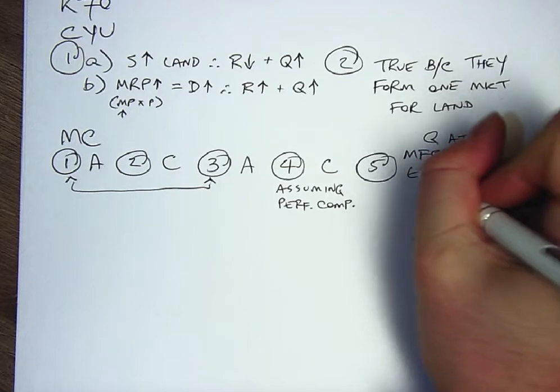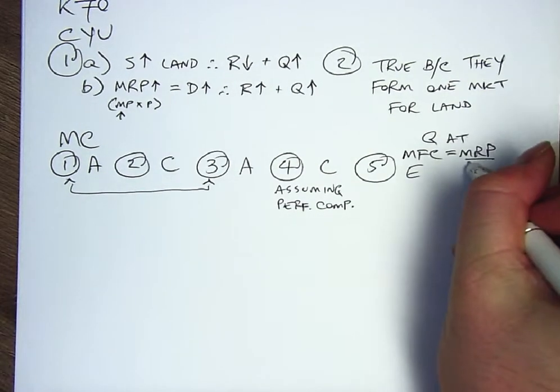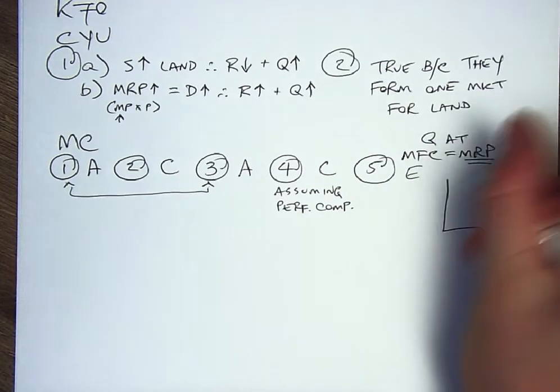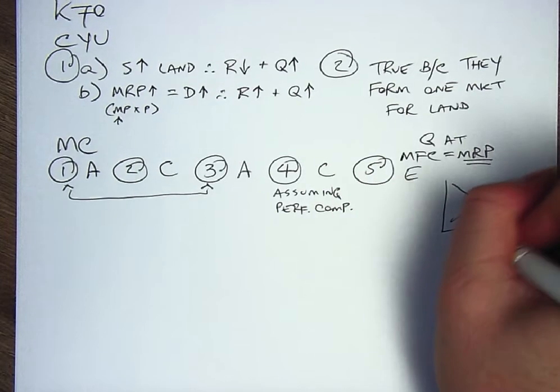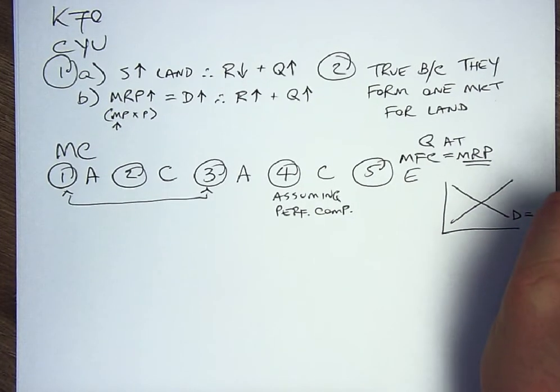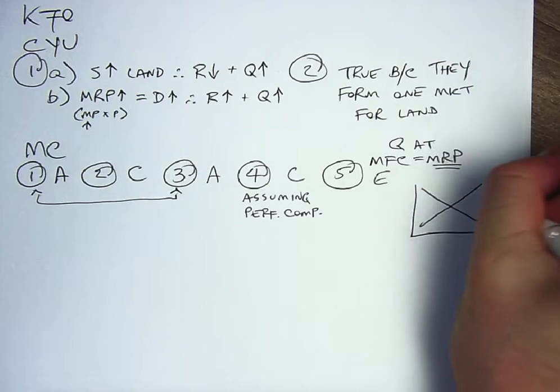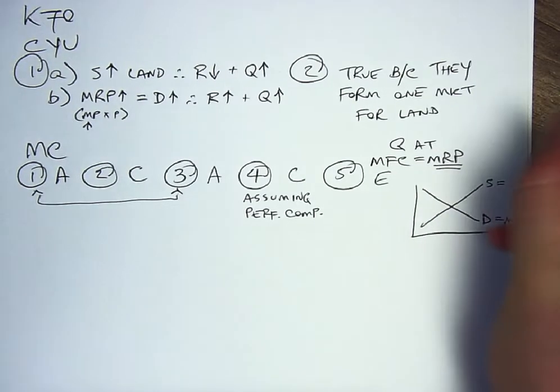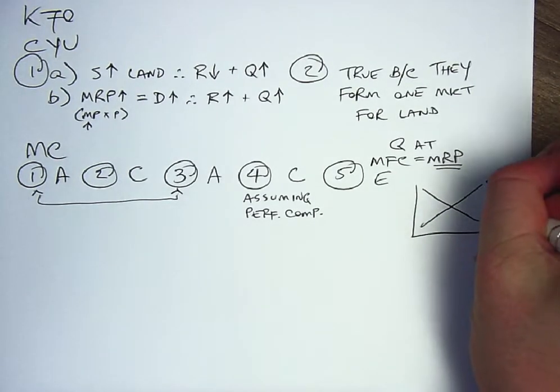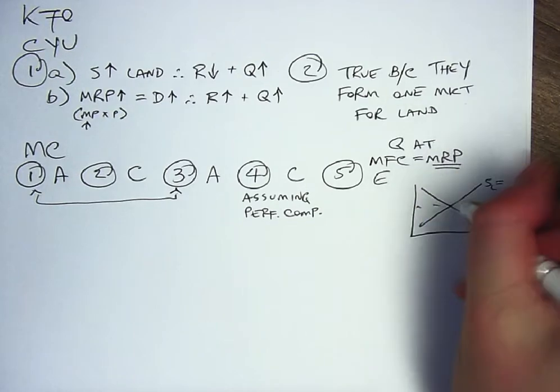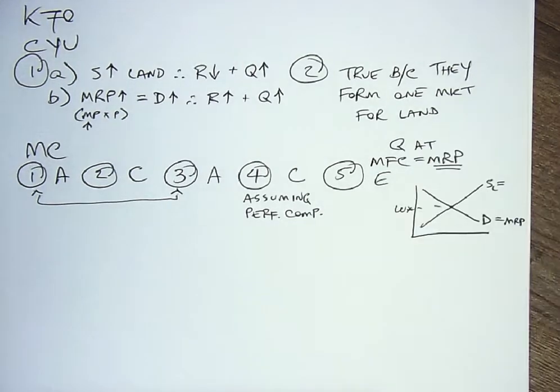So the correct answer is E. Basically, you will get paid the equilibrium value if the MRP is here and this is the supply, and we could argue that's the supply of labor here.